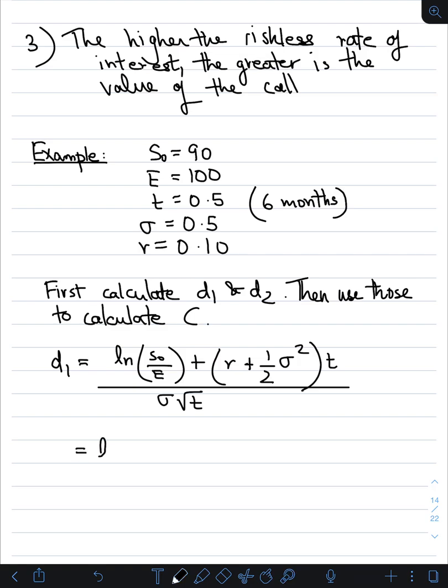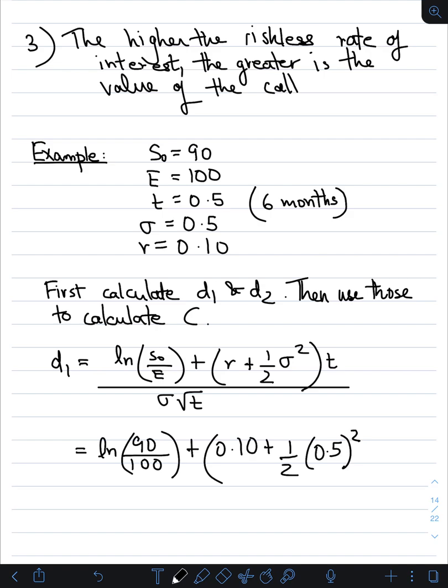Okay, so we have the natural log of 90 over 100 plus our R, which is 0.1, plus 1/2 times sigma, which is 0.5, so 0.5 squared. Okay, and then the time to maturity is 0.5, because remember, we have to express 6 months as a fraction of the year.